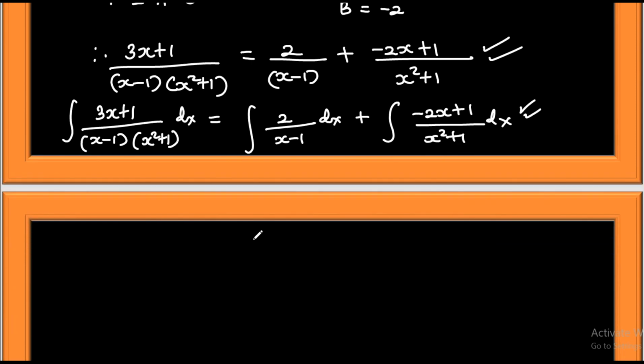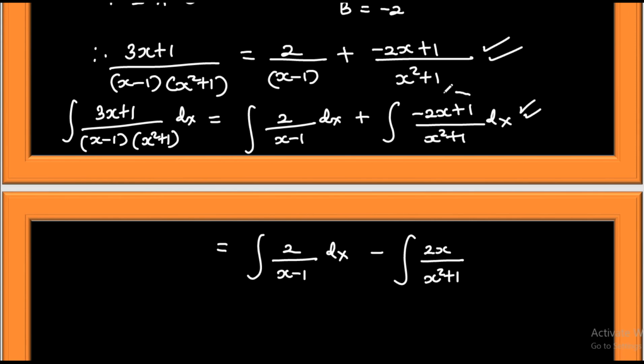So we shall now rewrite the same step as the integral of 2 out of x minus 1 with respect to x plus, or we can even say minus by the way, because I see negative 2x, so I can say minus the integral of 2x divided by x squared plus 1. I'm now separating. In other words, the whole of this expression here is just as good as saying negative 2x out of x squared plus 1.